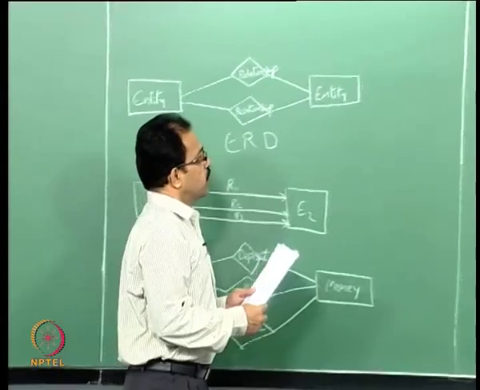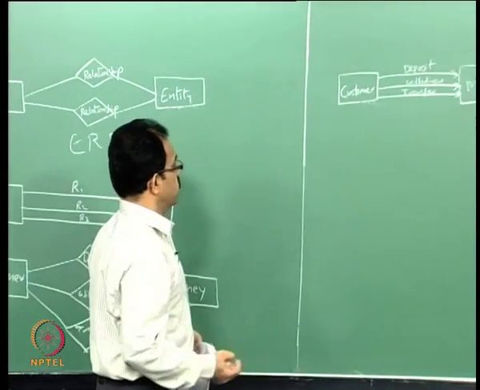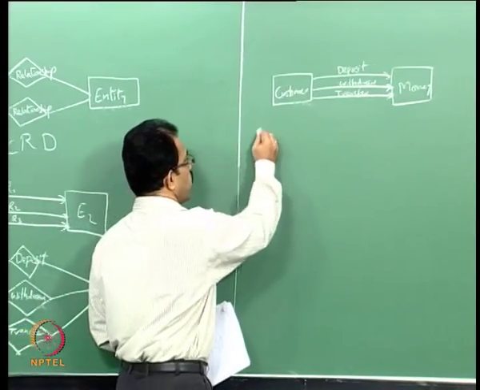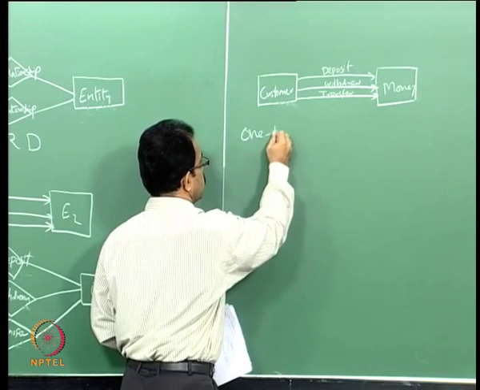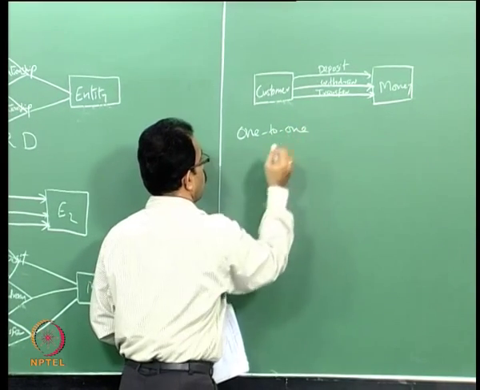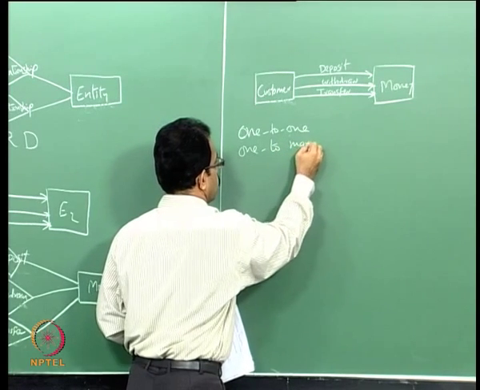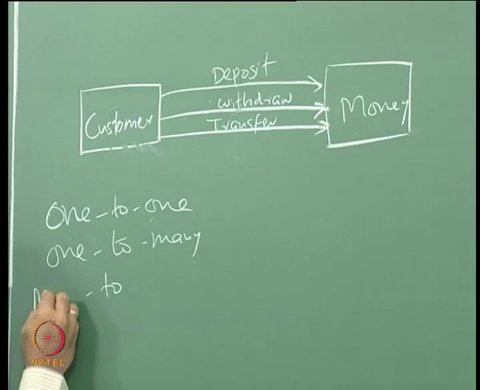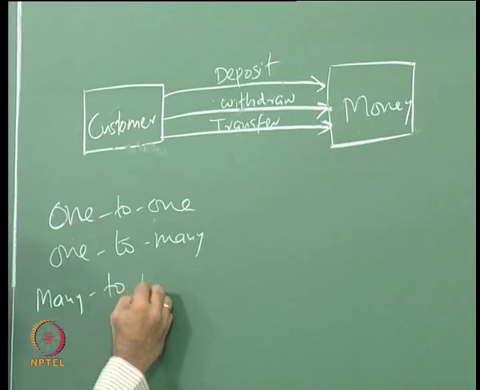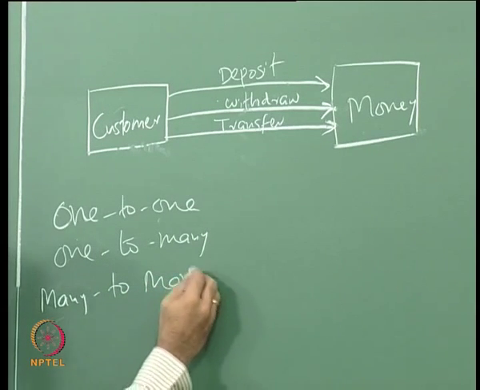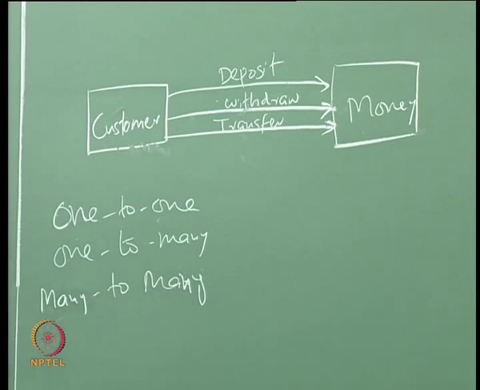And here you can have different kinds of relationships also. You can have a one-to-one relationship between entities, or you can have a one-to-many relationship, or you can have a many-to-many relationship between the entities. That also can be represented using the entity relationship diagram.